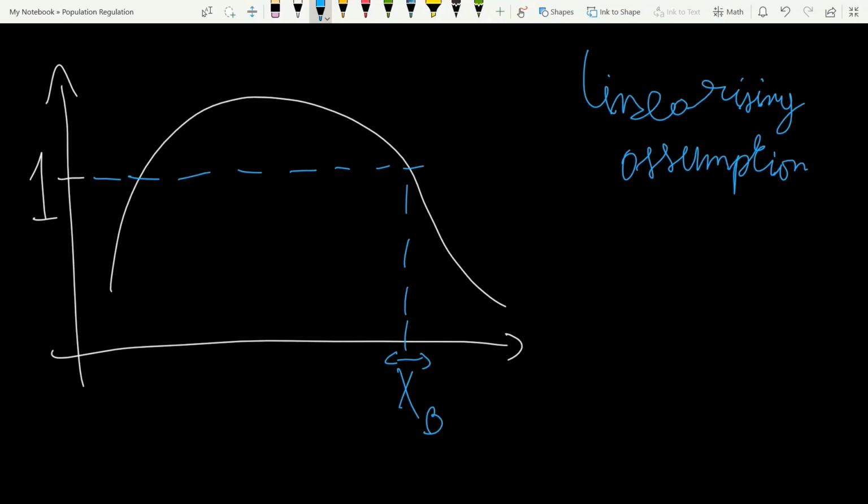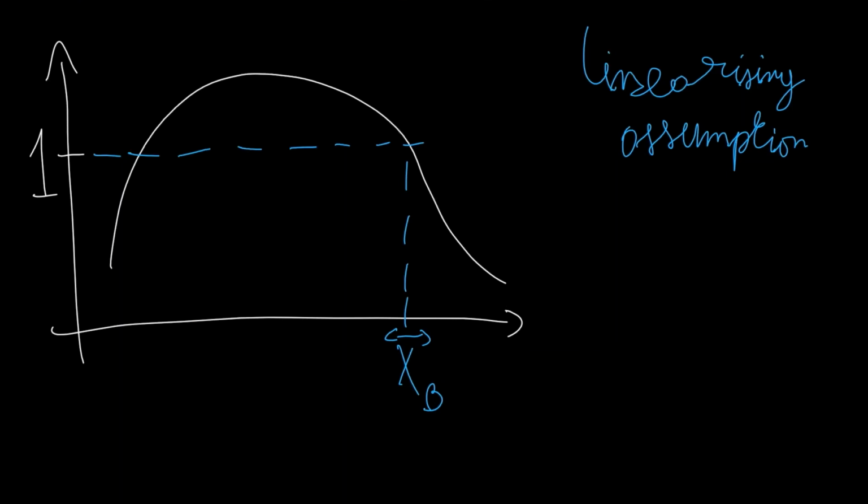So what I will do is first let's specify the departure from XB, and I will call it small x. Now what this allows us to do is write X as being equal to XB plus small x, and here small x can be either positive or negative.